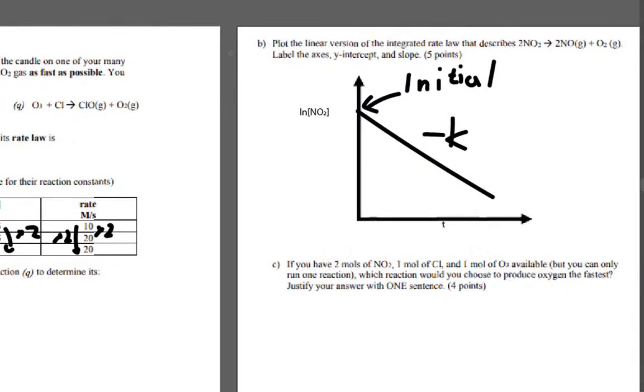the fastest oxygen, that means that you want to have the rate to be the highest. Let's just assume that, no, we cannot actually assume that. You can actually assume the volume would be some random number.